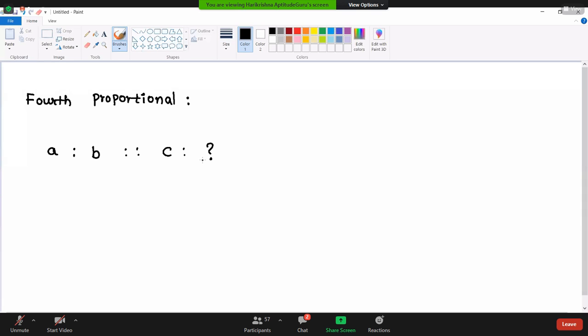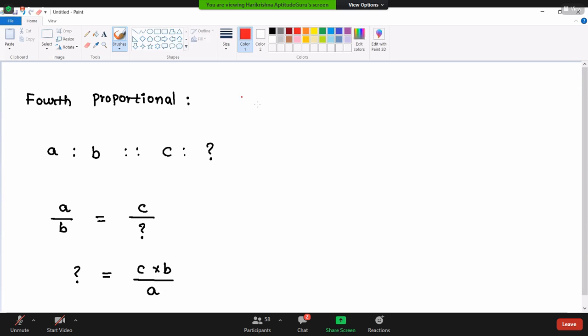That means the fourth term is not given, that we have to find out. So you can take the value as A by B is equal to C by X. So this X value will be given as C into B divided by A.